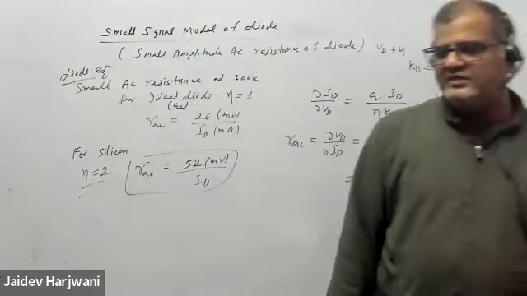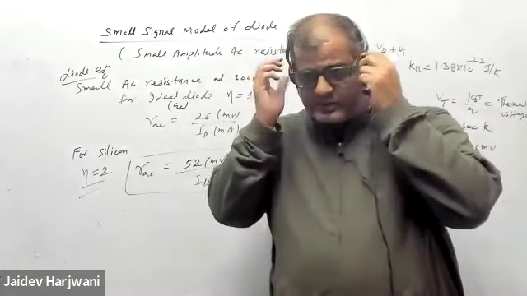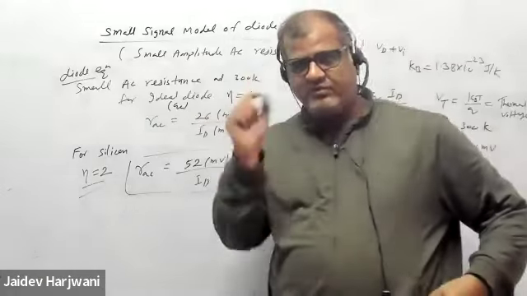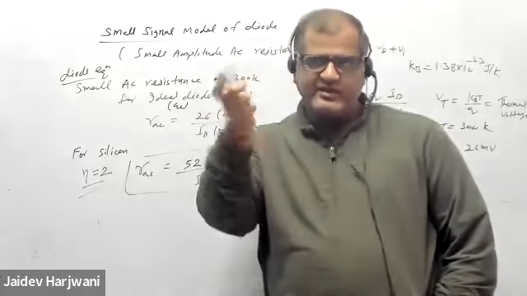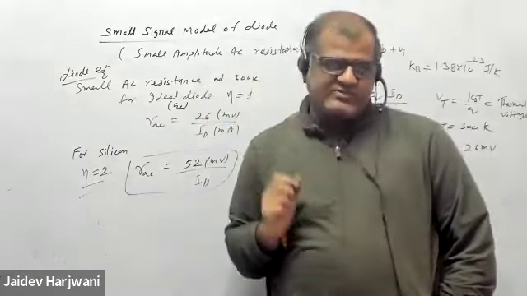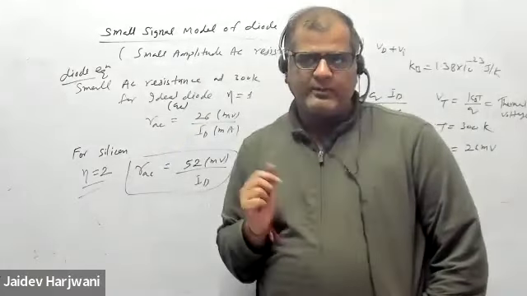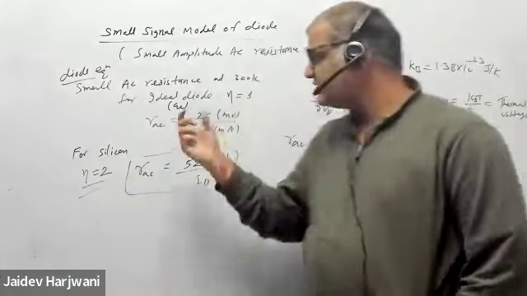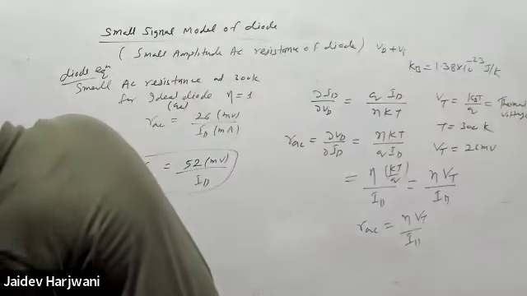Whenever you apply DC and AC sources together, DC gives a fixed resistance, and when you apply a small input AC, the voltage across the diode and the current both vary. That change means there is some extra resistance, and that extra resistance is what we are finding here.